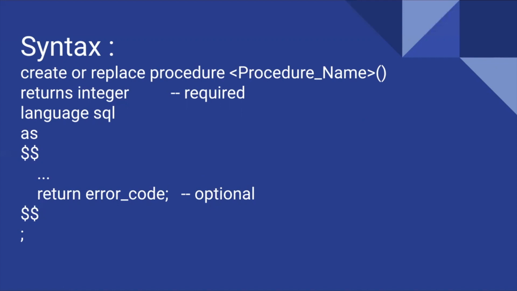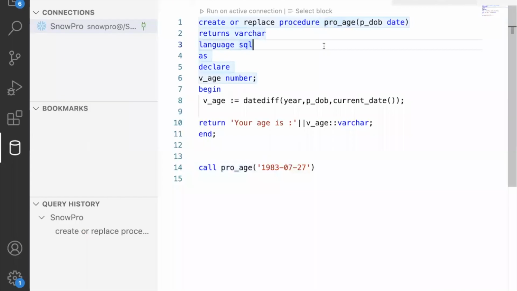This is the syntax of a basic stored procedure in Snowflake scripting. So here I am creating a stored procedure to calculate the age by passing the date of birth.